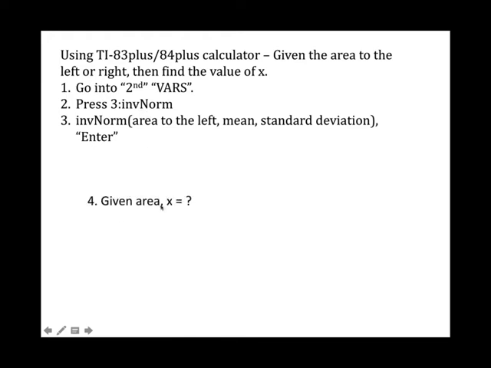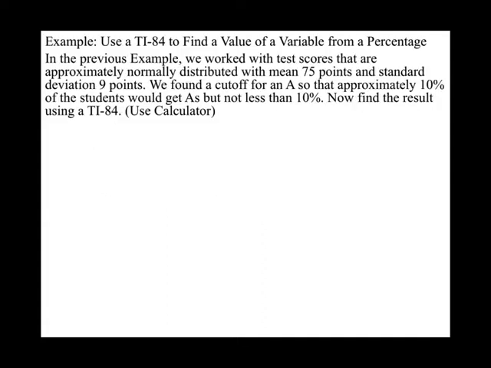Given the area, find x. We'll use inverse norm with the area from the left, then the mean, and then the standard deviation. We don't need the formula if we're using the calculator. So let's try the same example, but this time using the calculator.